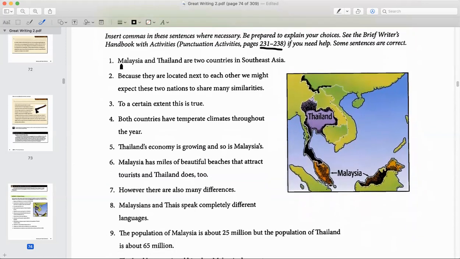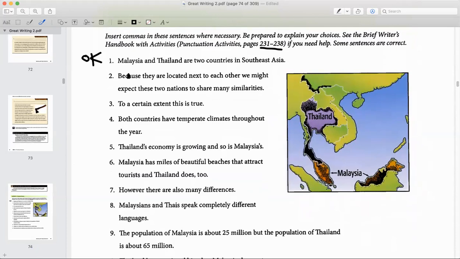So let's look at this one. Malaysia and Thailand are two countries in Southeast Asia. Is there any place where you need to naturally pause here? No, that one's okay. I would say this one is okay.